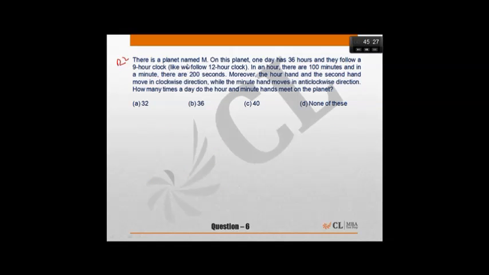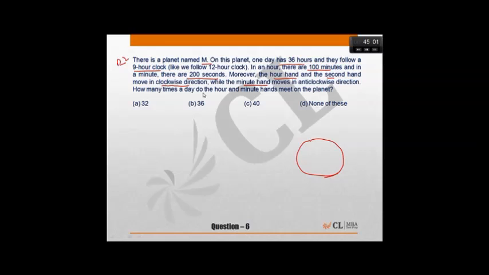Okay, clocks. There's a planet named M. On the planet, a day has 36 hours. Follow a 9-hour clock. In the hour, there are 100 minutes, and in a minute, there are 200 seconds. Moreover, the hour hand and the second hand move in clockwise direction, while the minute hand moves in anti-clockwise direction. So let me just be sure so that I don't make a mistake.